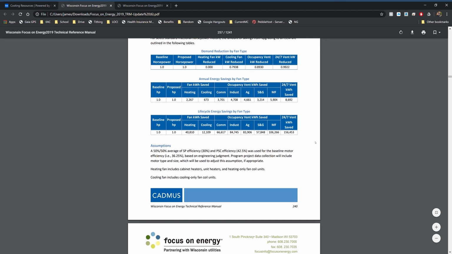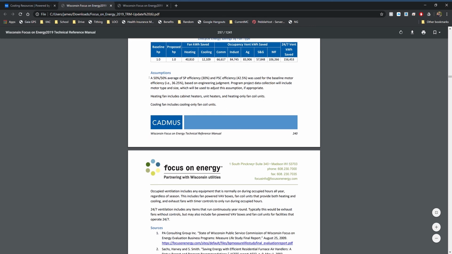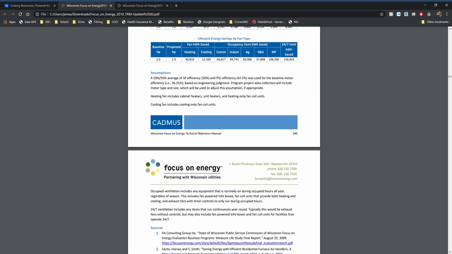Life cycle, same thing as above. We don't do a lot with that, but it's good info if you need it. I have found these assumptions to be quite helpful on a lot of ARs, especially because a big part of our job is making assumptions. Obviously, these are going to differ based on where the facility is, and every AR is different. But these are often a good place to look for assumptions.